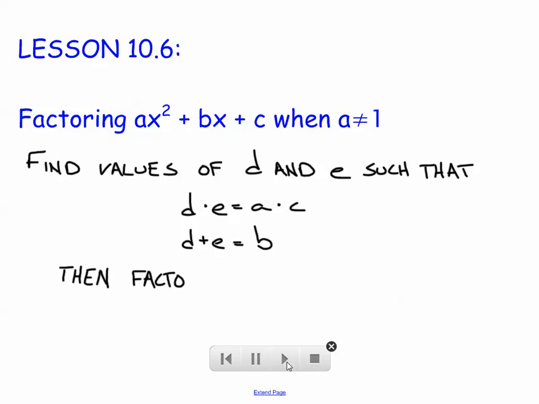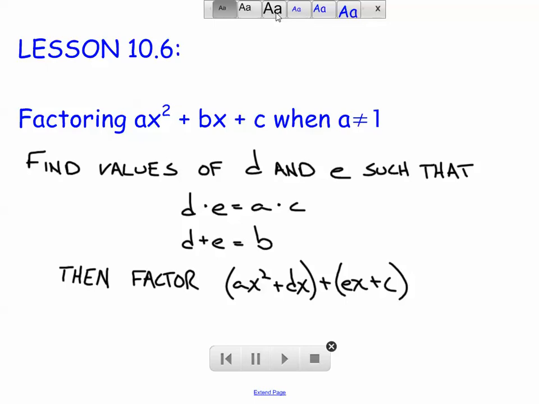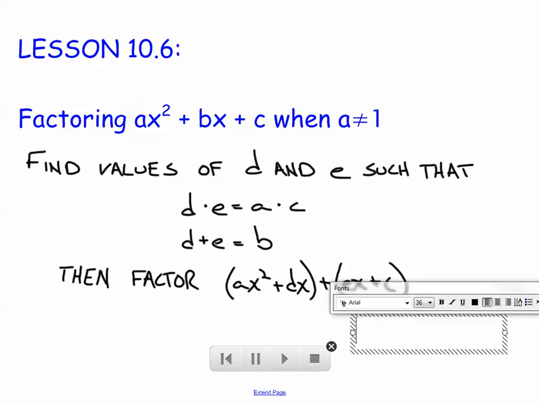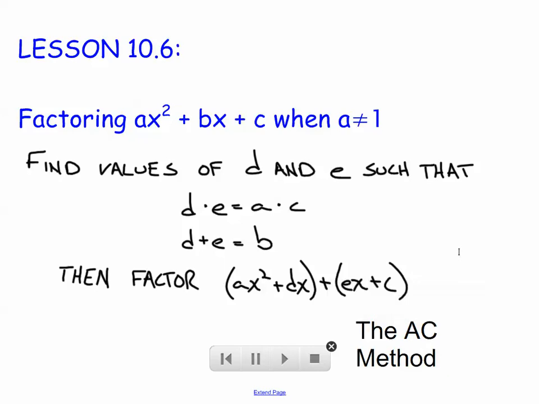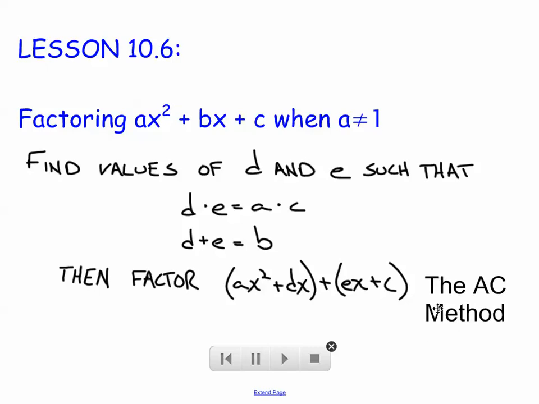Then I've got this formula for you that we can factor: ax squared plus dx plus ex plus c. We're going to call this the AC method, because the first thing you do is multiply a times c.